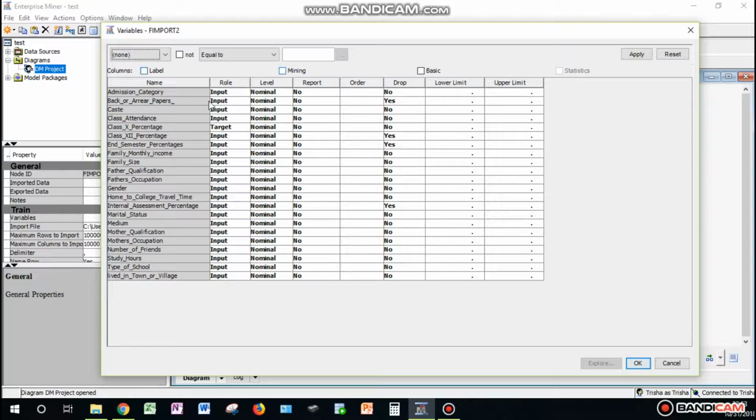So we removed back review papers, which indicates if a student had any paperwork they were behind on or any papers they hadn't turned in yet. We removed the Class XII percentage, end semester percentages, because that was related to college, and internal assessment percentage, again related to college and their performance over time. We targeted the Class X percentage, the high school exit exam, because we want to see what's causing students to do well in that exam.